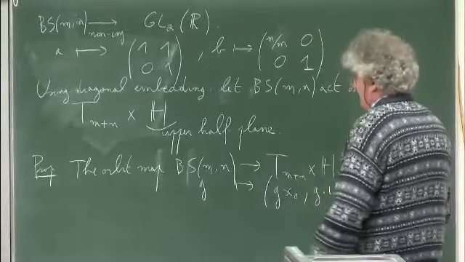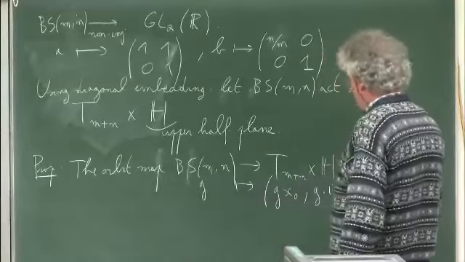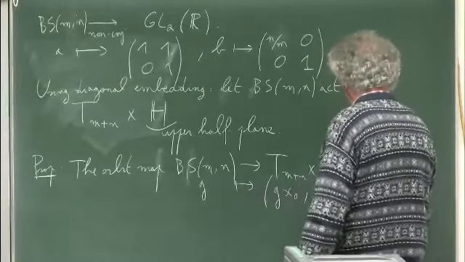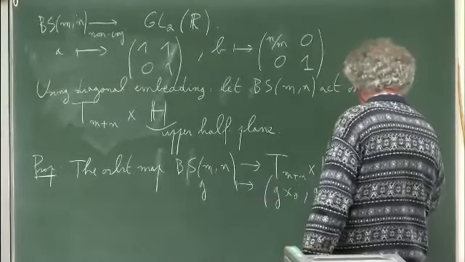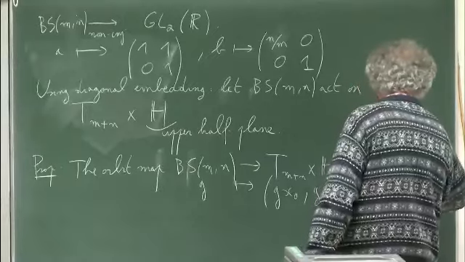This orbit map, of course, will be G-equivariant, but the non-trivial fact is that this is a bi-Lipschitz embedding.